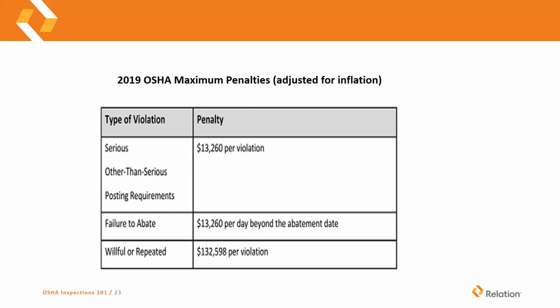A failure to abate penalty is the same, and a willful or repeated violation is $132,598 per violation. So it can get very expensive if you are not providing a safe and healthful workplace. To receive a max penalty is not very common, but this is what they can max you out on.